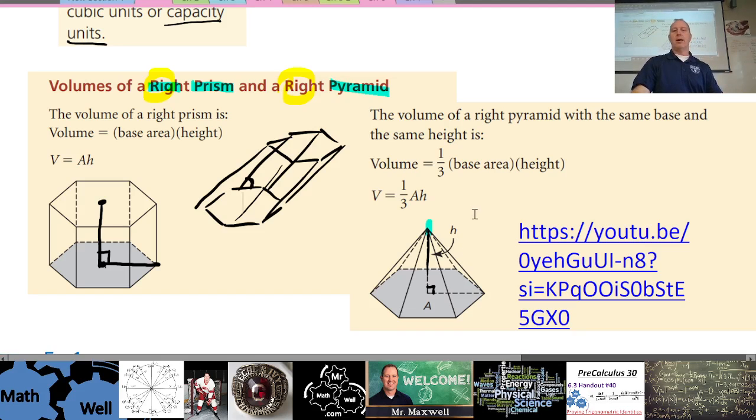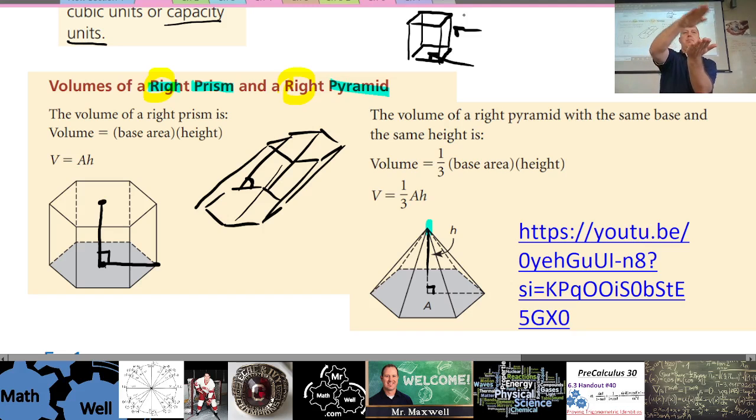All right, so the volume of a prism is pretty straightforward, and you should all know this. If you had something simple like a square base, and there was a square prism, you'd have the same top as the bottom. This is a bad drawing, sorry. But if you could picture that, then it's the area of the base times the height. It's like you take the area of the bottom part and stack them all up, and that gives you your volume.